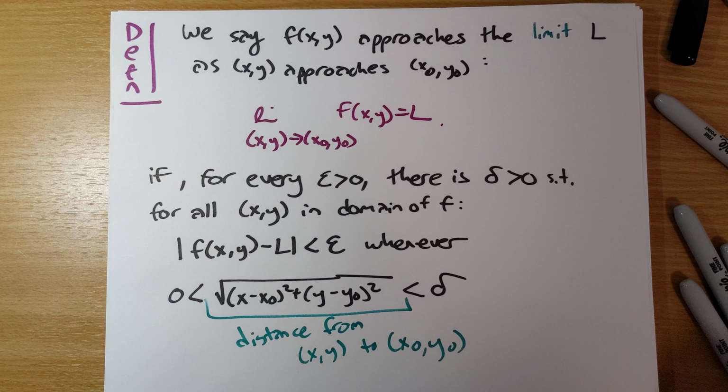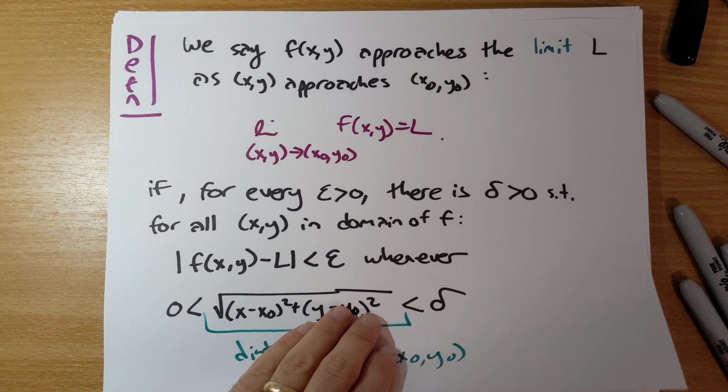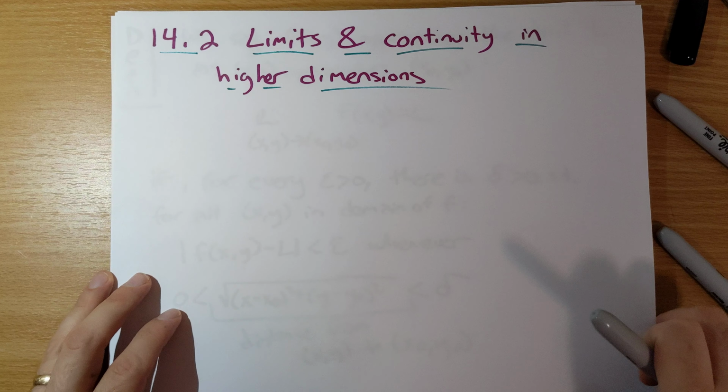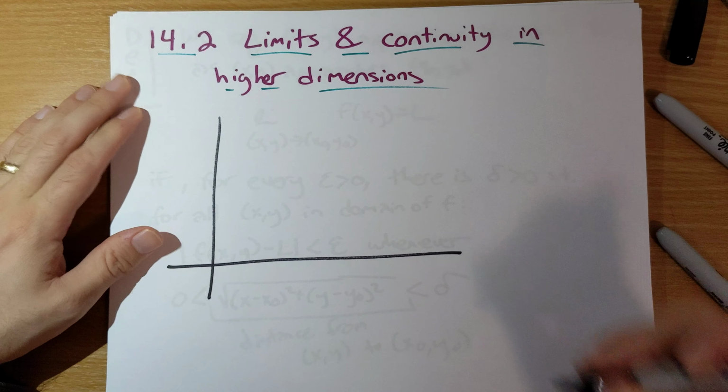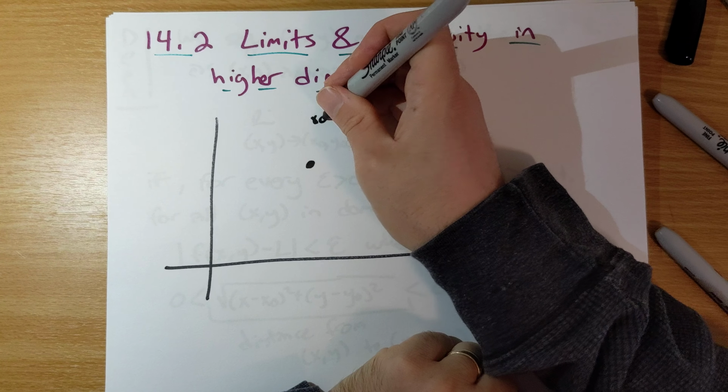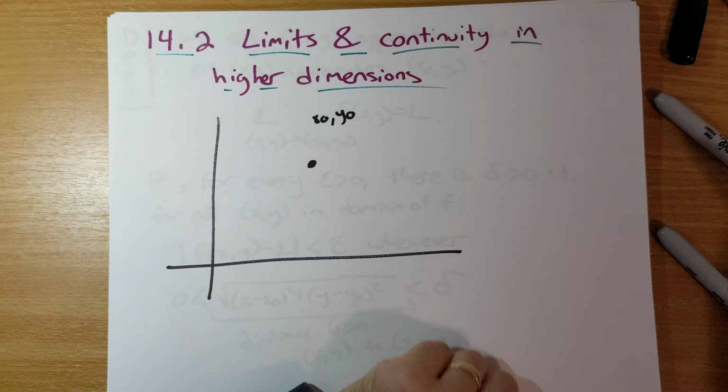So the idea is, let me come back here to draw a picture. We want to think about, here is our point x naught y naught.